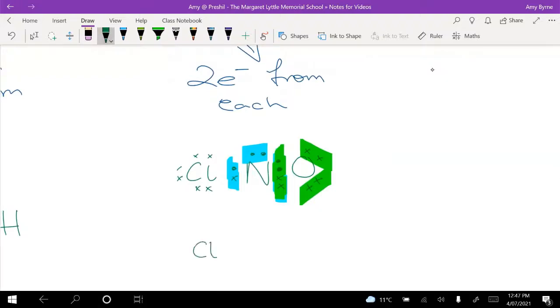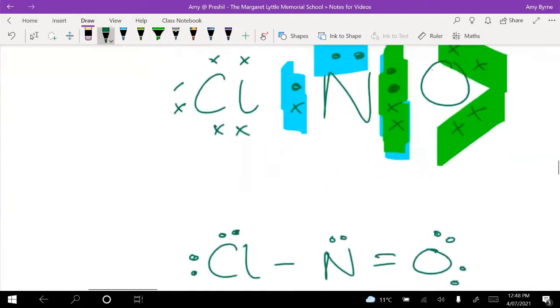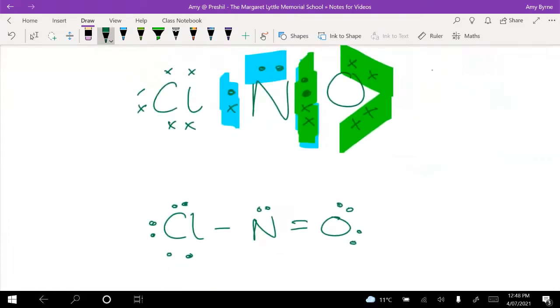So if I'm doing with the lines, and then remember to always put in your lone pairs, because that is the mistake that students make. So to each of those lines, remember each line represents a pair of electrons. So if I have 2 lines, I have 2 pairs of electrons.